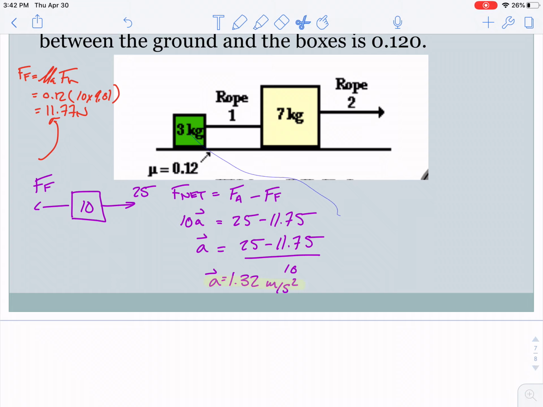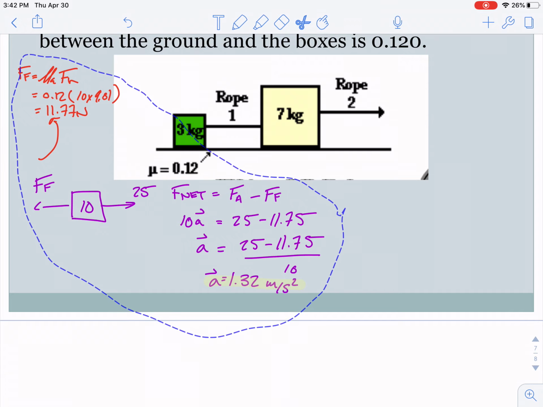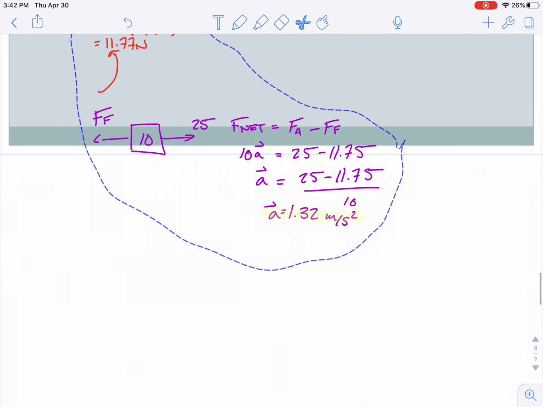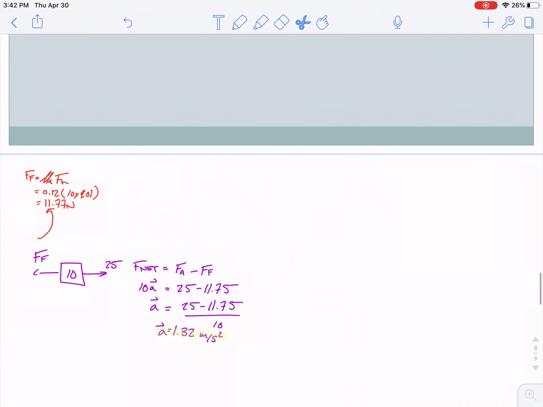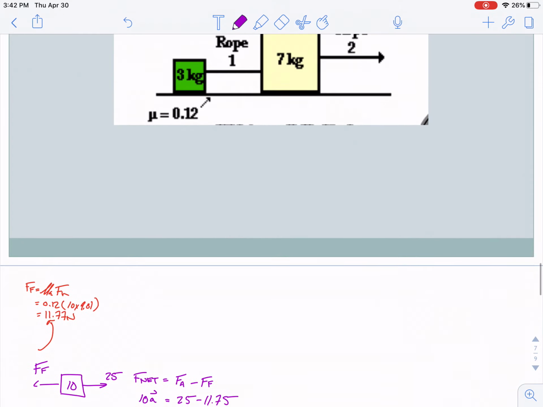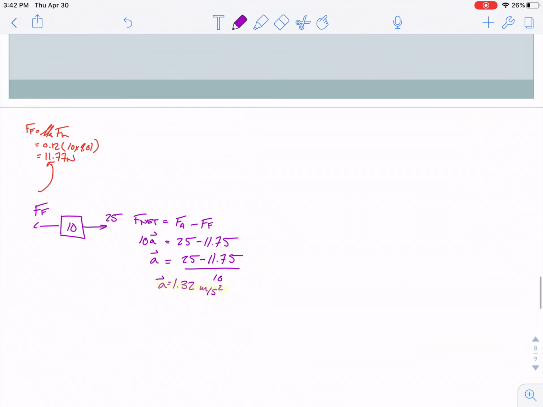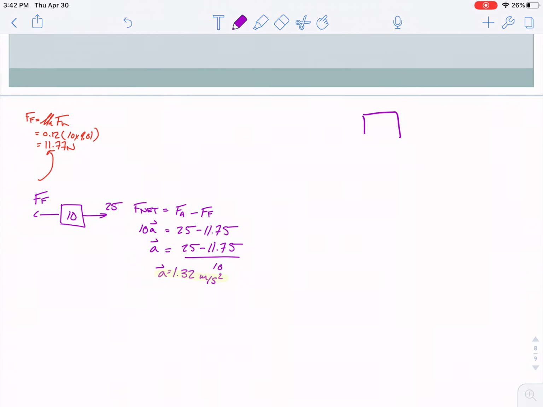So we know that both the 3 kilogram block and the 7 kilogram block are moving at 1.32 meters per second squared.